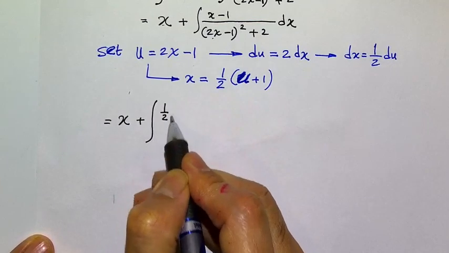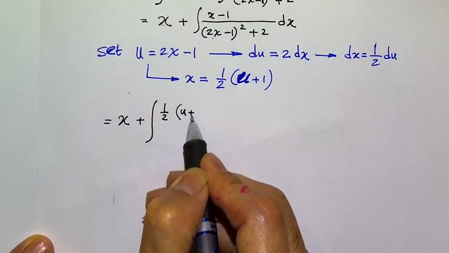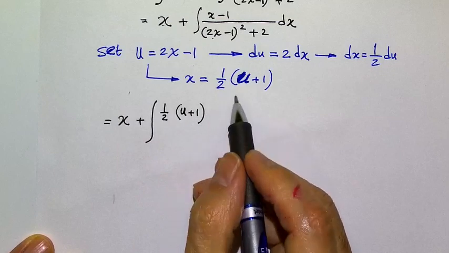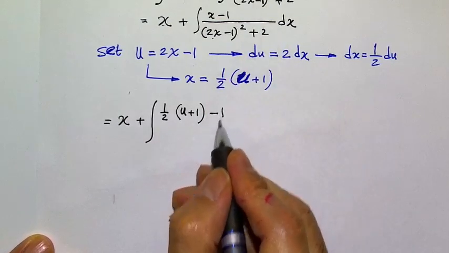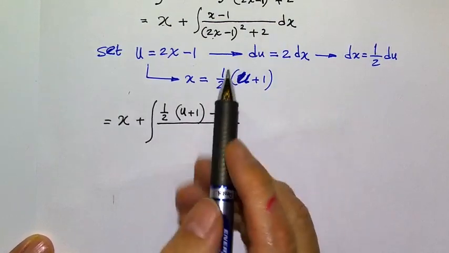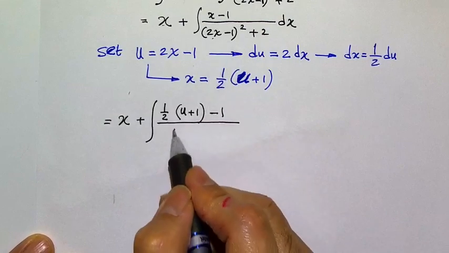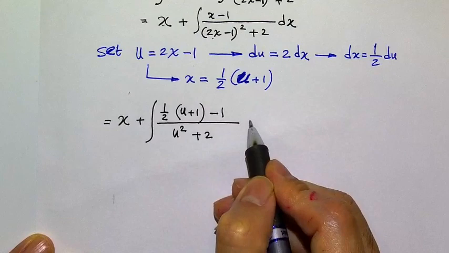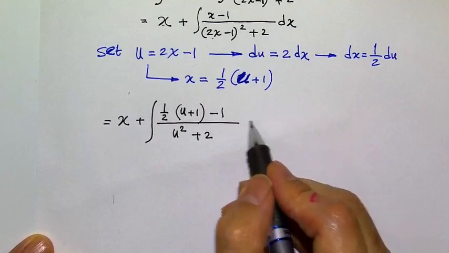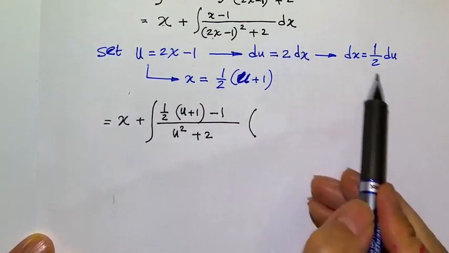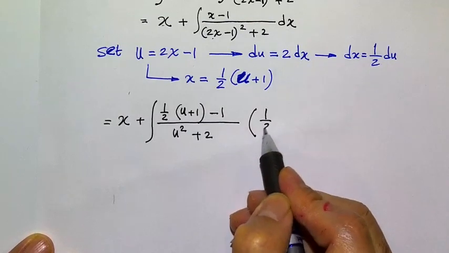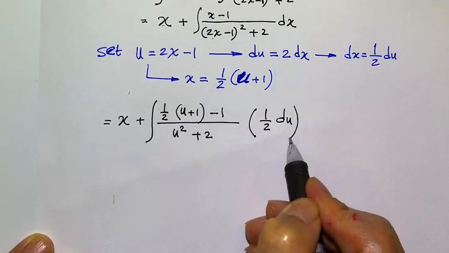So we have 1/2 times (u plus 1 minus 1) divided by u squared plus 2. And then, of course, times, instead of dx, we have 1/2 du, right? Like that.